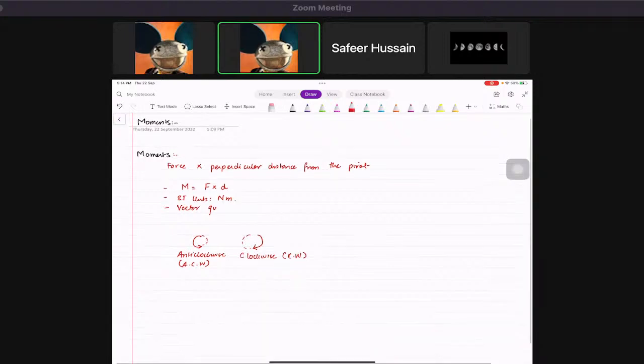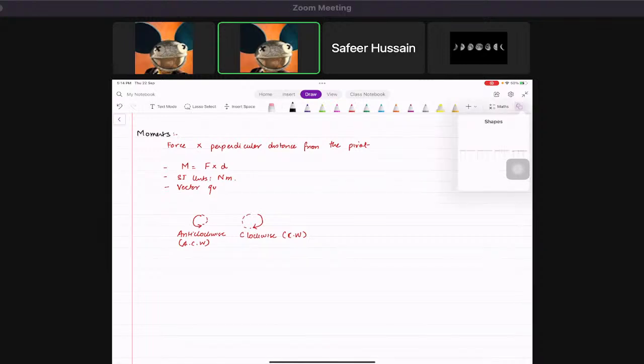So when you look at an object, something like this, suppose this is the pivot and you apply a force.